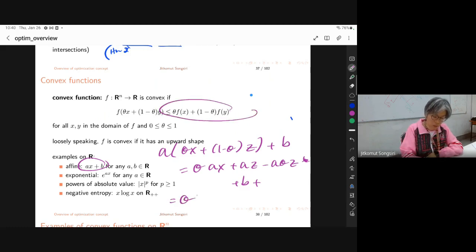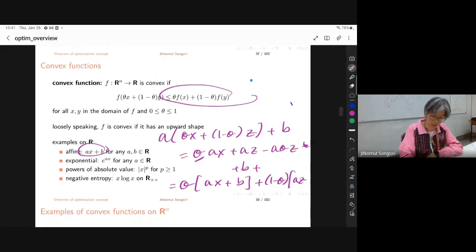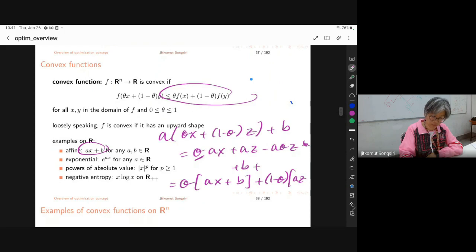So I'm going to try to write theta times ax plus b, and then I try to write 1 minus theta times az. Did I forget some terms? Theta is not in the b terms. Oh, yes.